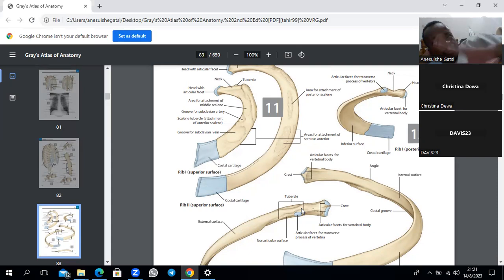Then the other one, which looks at the structure of a rib, we classify ribs into a typical rib, with all the typical features that a rib should have. Then we have an atypical rib.